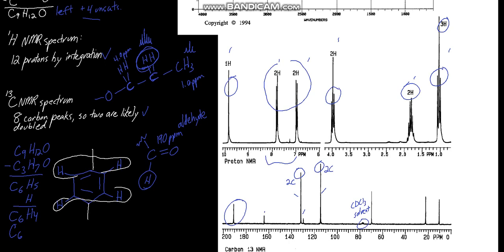Substituents like this. So in other words, it's para-di-substituted. What are our substituents? Well, we already have them here, right? And it doesn't matter which side they go on. And so we have this molecule pretty much proven at this point.